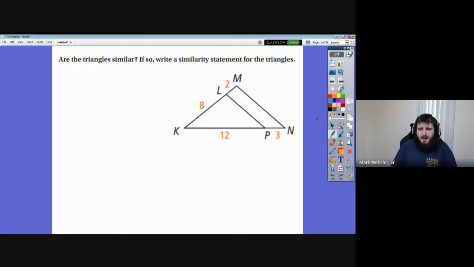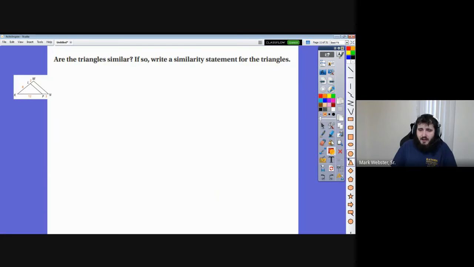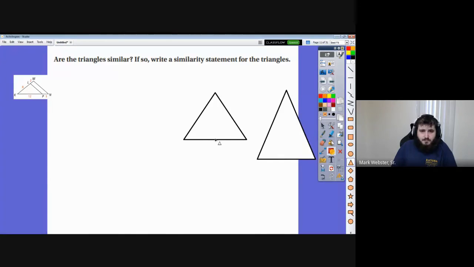Take the time, draw them out separate because it does make your life easier. It does make your life easier if you draw them out separately.